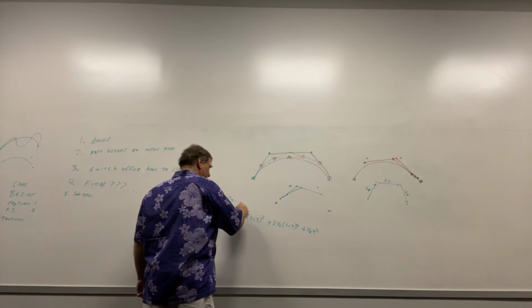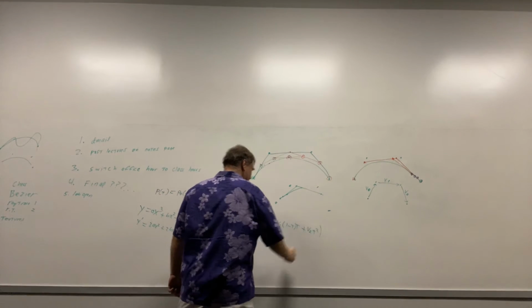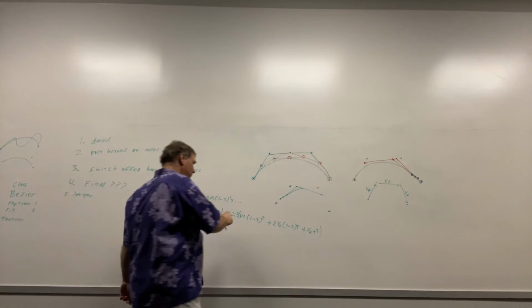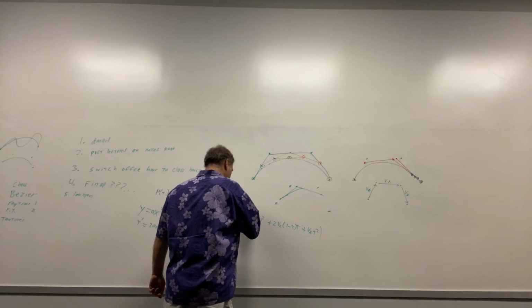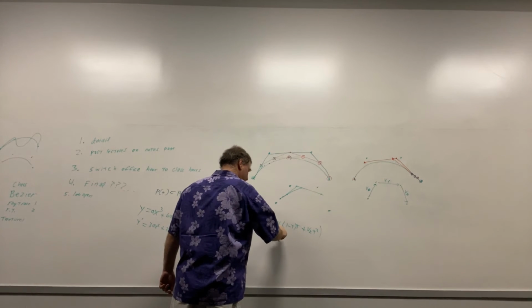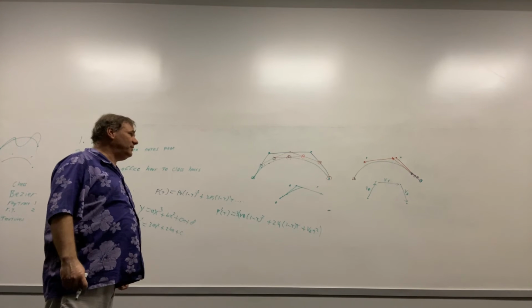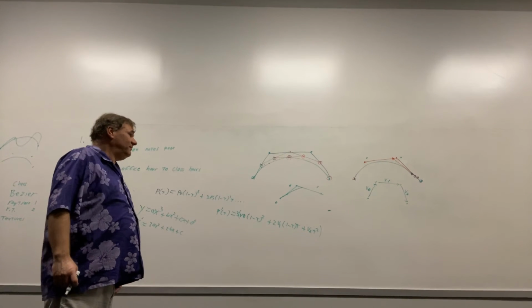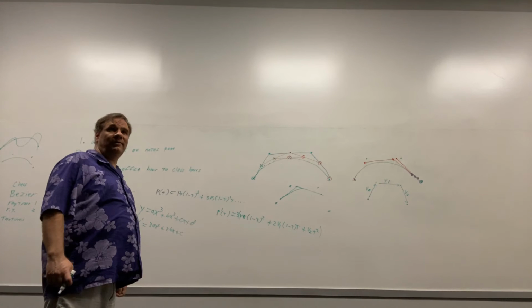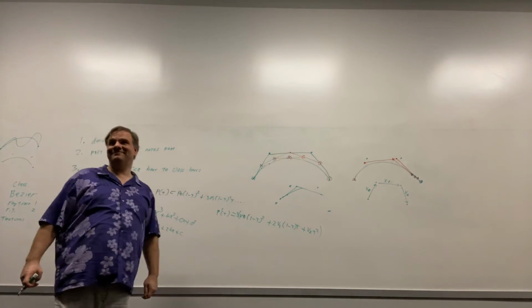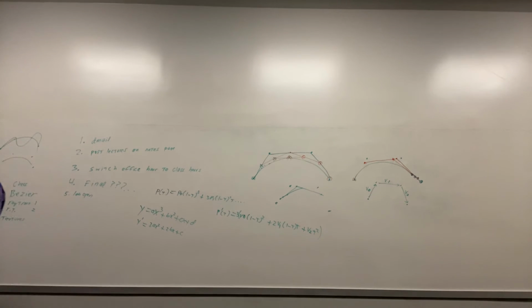Except you have to multiply the whole thing times 3. So it's super easy to find the derivative curve. Just a degree 2 Bezier curve tells you all the derivatives of the original Bezier curve. Cool. I have to keep saying cool, because I don't think you guys are appreciating this as much as you should be.